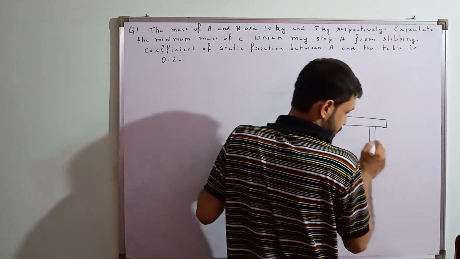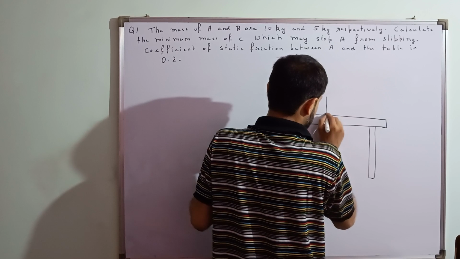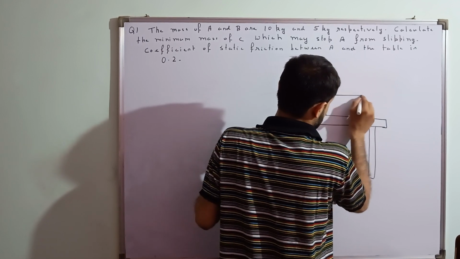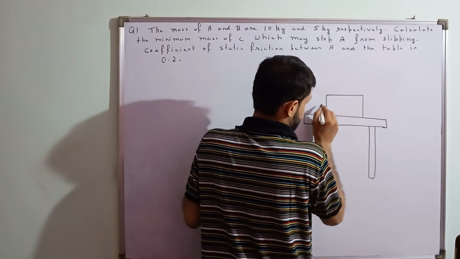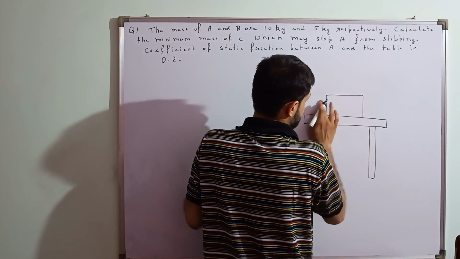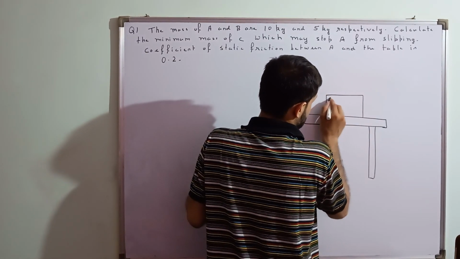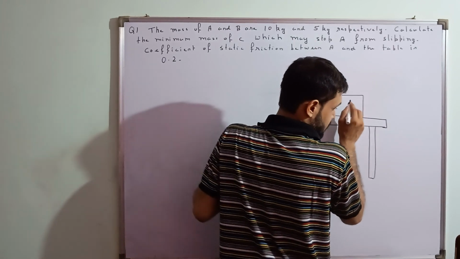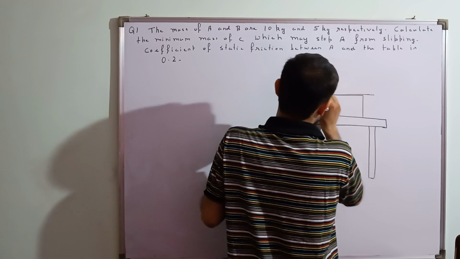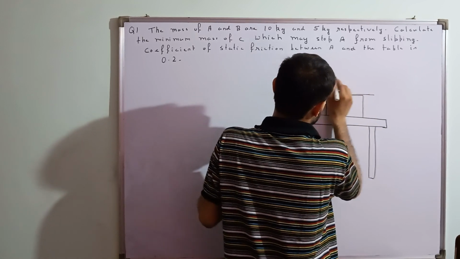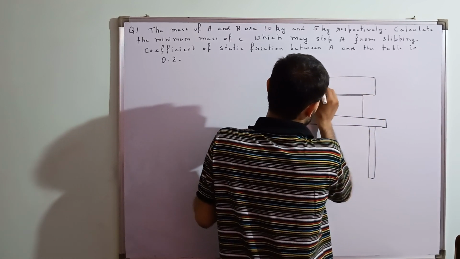And on this table we are having a mass over here. Let's say this is the mass. Now this mass is A. I'm writing A over here. On top of it, there is one more mass which is kept. And this mass is known as C.